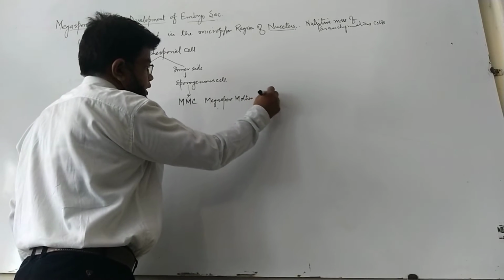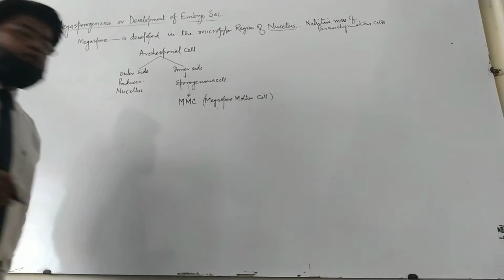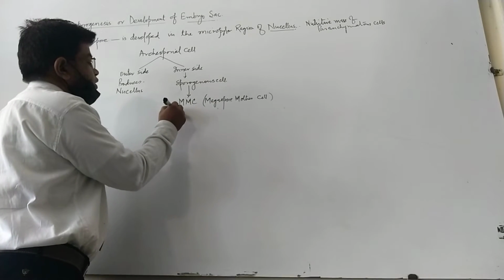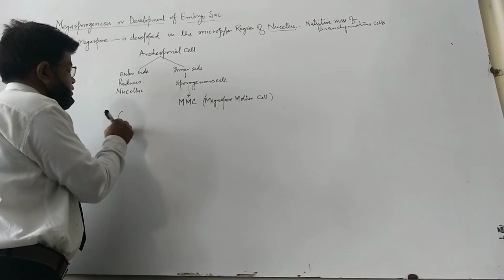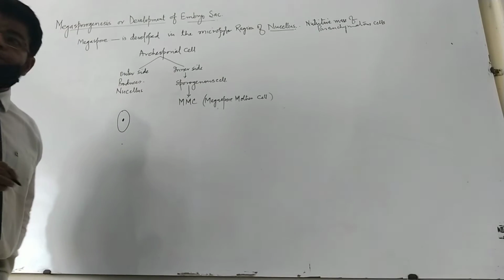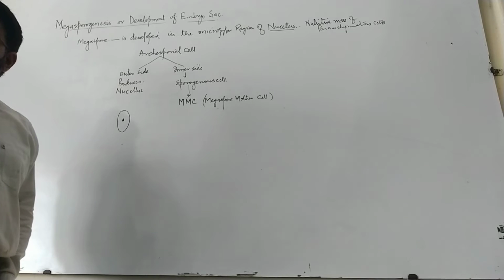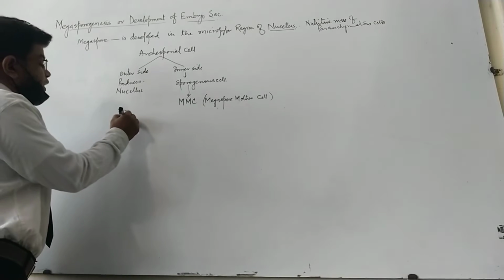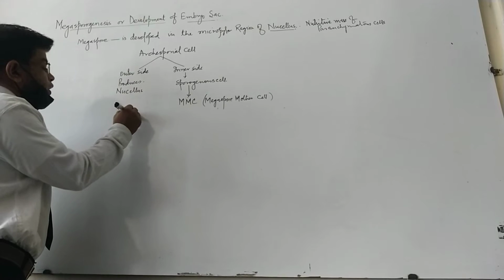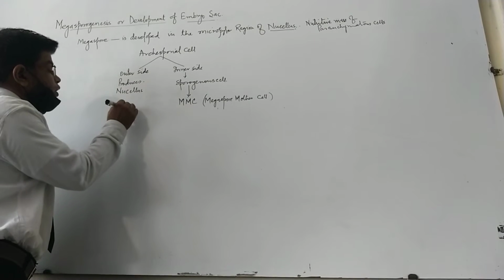Take for instance this megaspore mother cell, which has a dense cytoplasm and prominent nucleus, and around it are the cells of the nucellus.